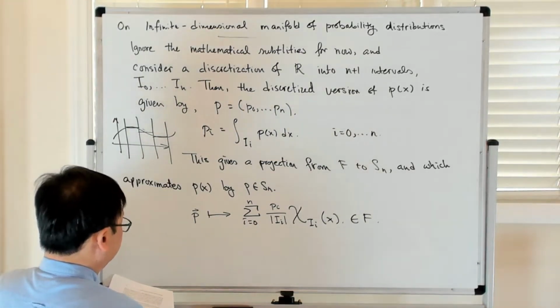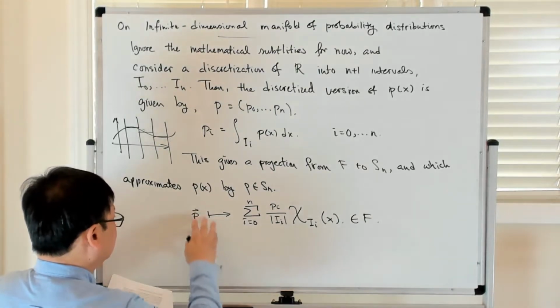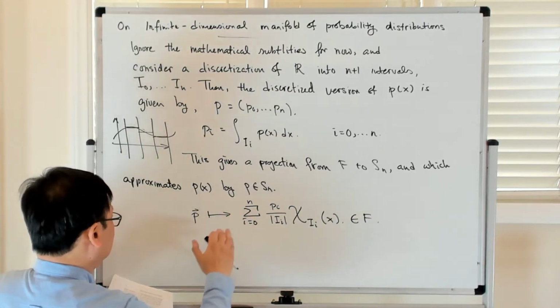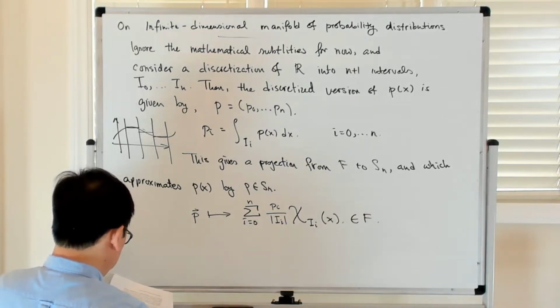So you could imagine then that one way of dealing with f is to look at these projections onto the finite dimensional setting, and then let n go to infinity.